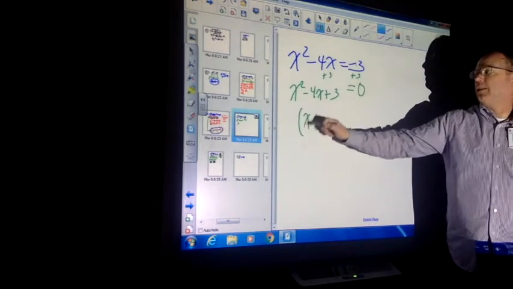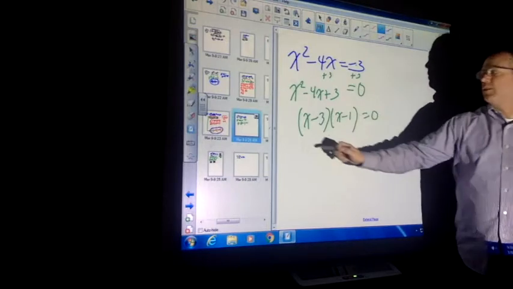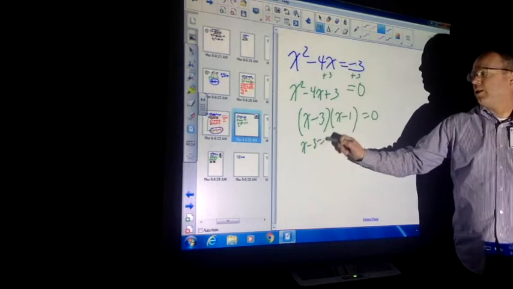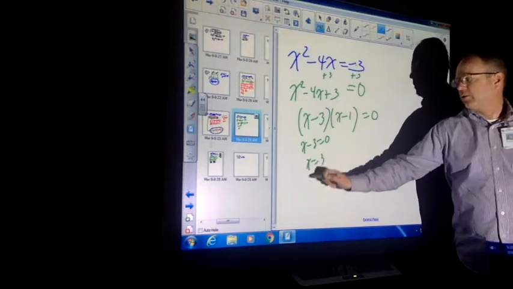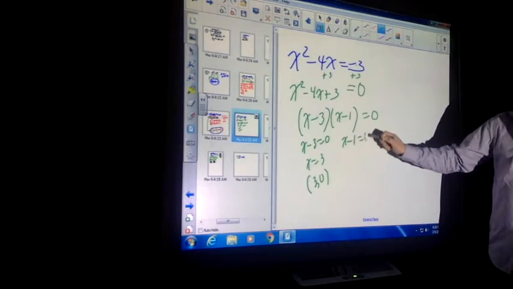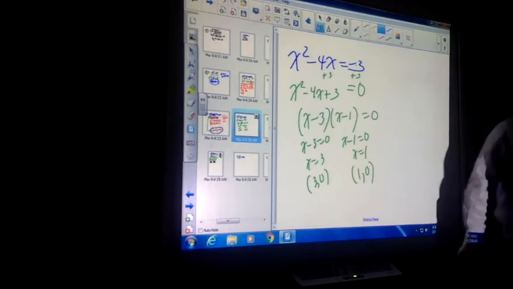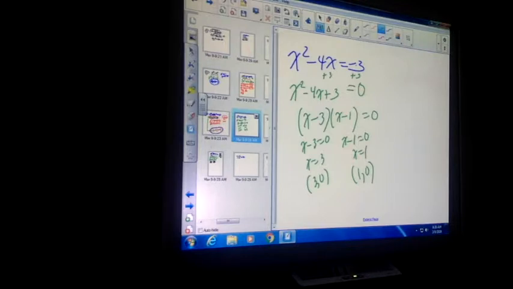And I will just tell you that this factors to x minus 3 and x minus 1. So x minus 3 equals 0, so x equals 3. So 3 comma 0. Sorry, I didn't go through the whole factoring process with you. But that's how we do that problem. We don't want it to equal a number that's not 0. So we have to make it 0.